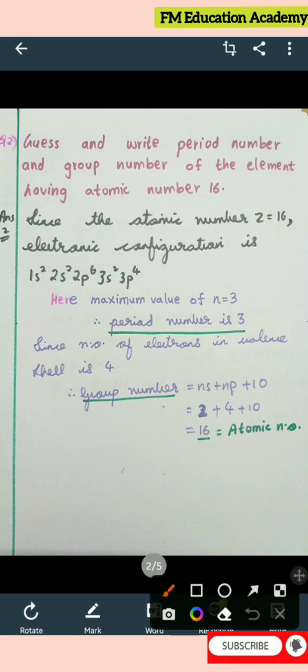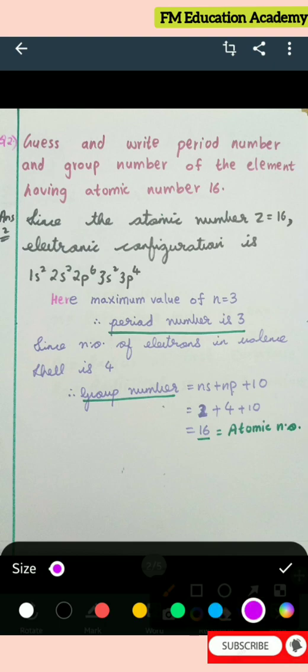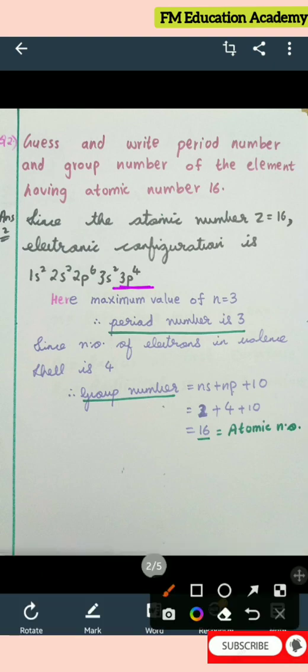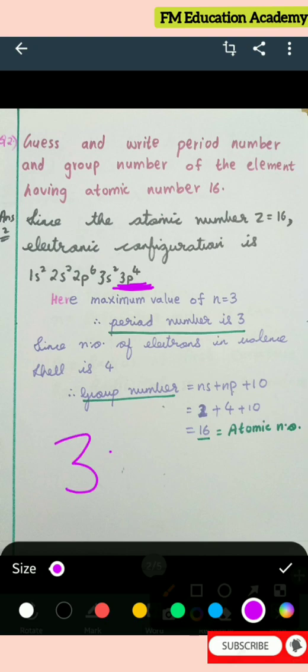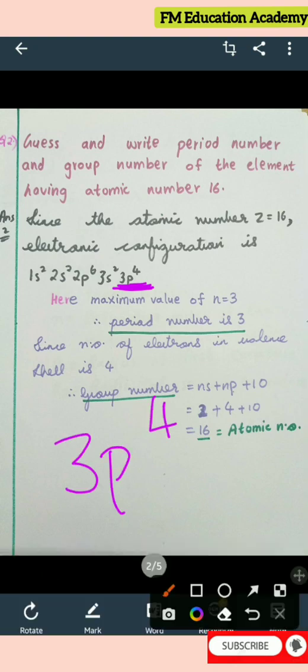Now after writing the electronic configuration, for writing the period number, always remember, see the last valence shell or last orbital. The last orbital which we have is p here, and in 3p4 this value which we see here is called n. The maximum value of n that you see is your period number always.